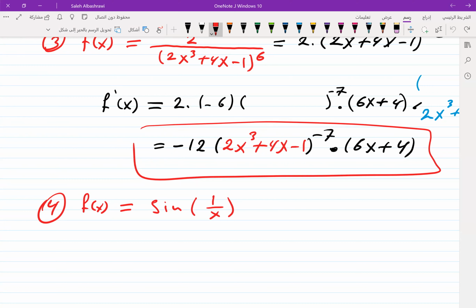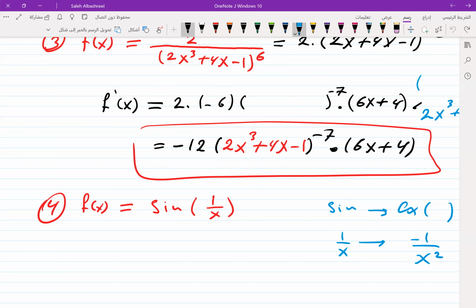Now for this function, I have two: sine and 1 over x. Now the derivative of sine is cosine. The derivative of 1 over x, we found it before, it is minus 1 over x squared.